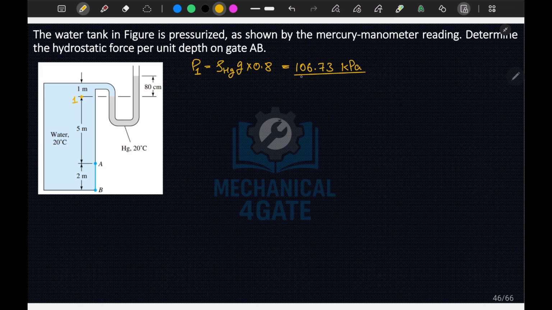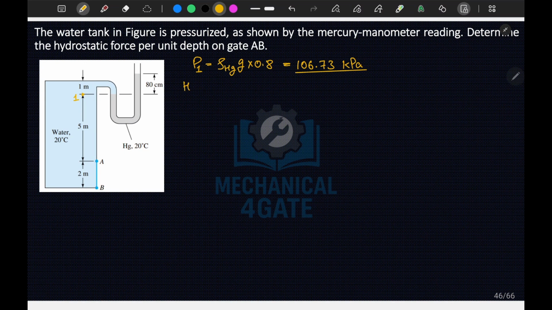So the height of the water column, let's say x, will be equal to P1 by rho g, which is divided by 9.81, equal to 10.88 meter.